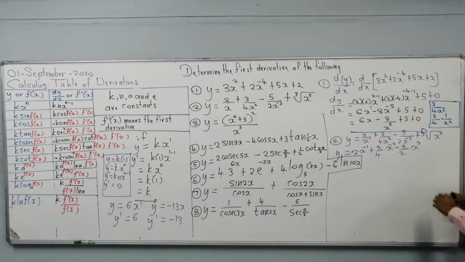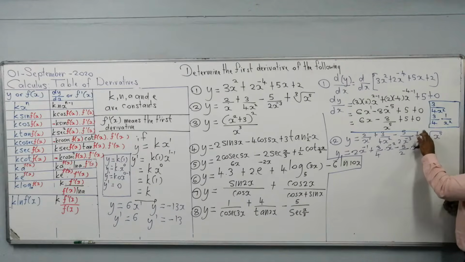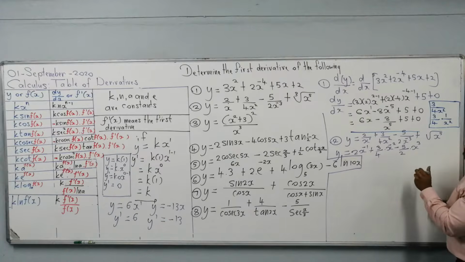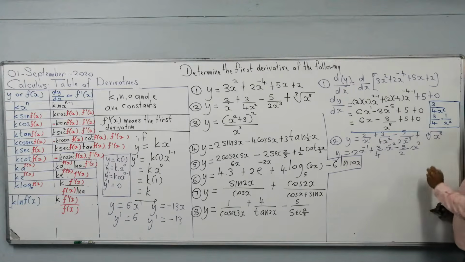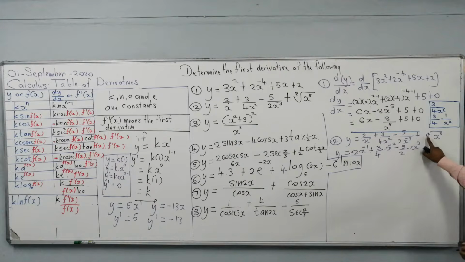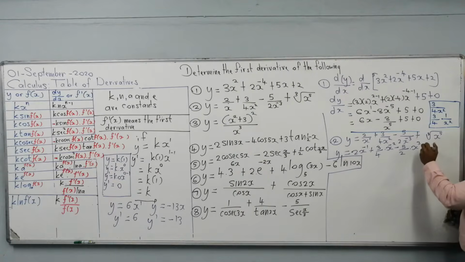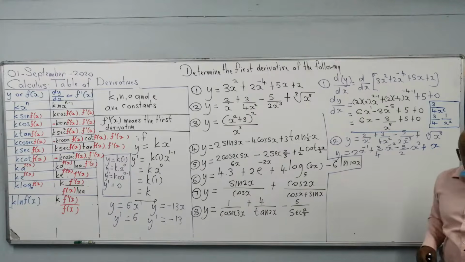Here, this is the cube root. So here we have the cube root of x to the power 5. I need to rewrite this in exponential form. So how do I do that? Remember that I will write my base, which is x.